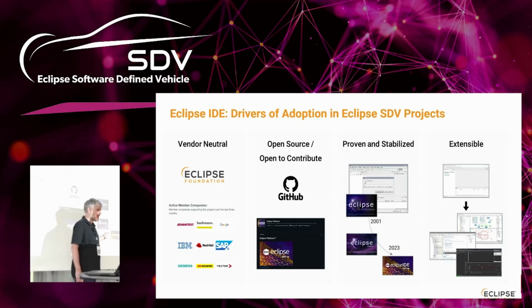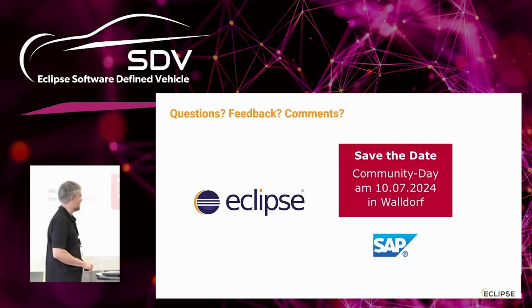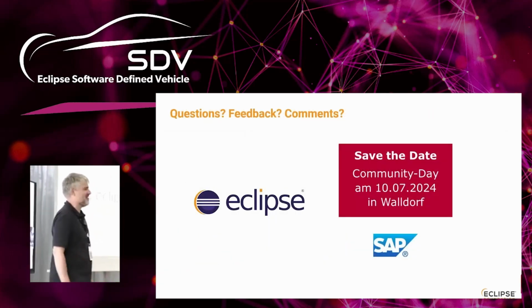You should choose your technology wisely. What do you depend on? What can you do with your technology? And there is something that has proven to be available for 20 years now, and it's extensible in different ways, like I showed you before.